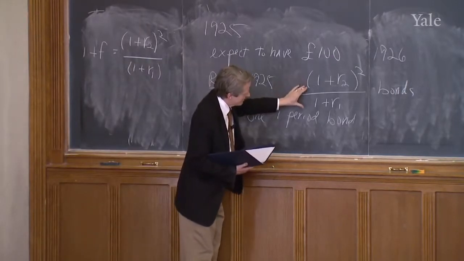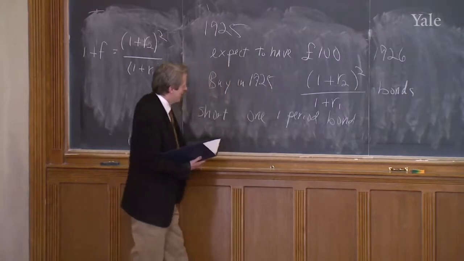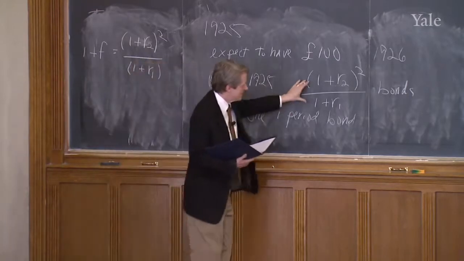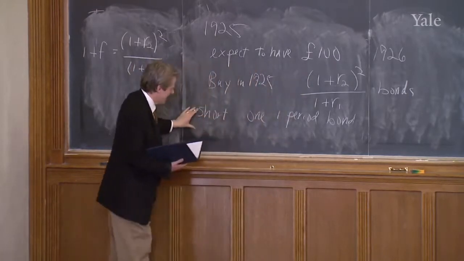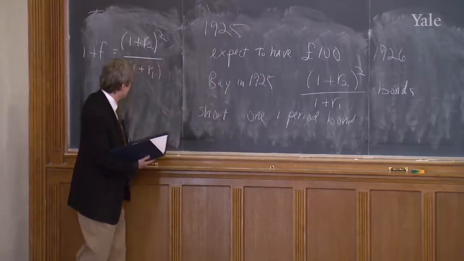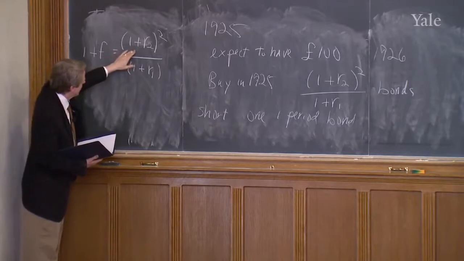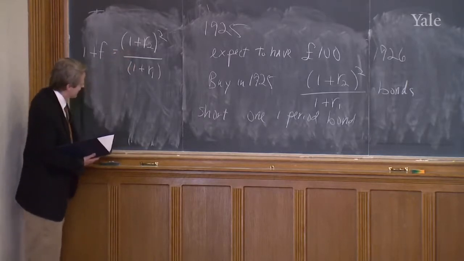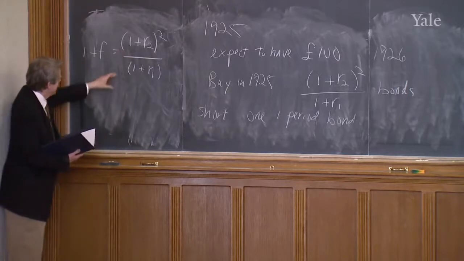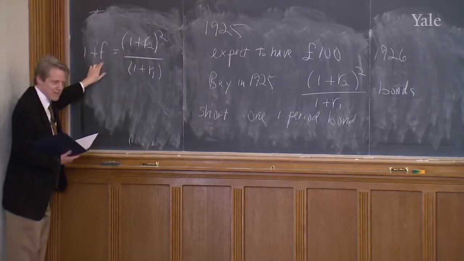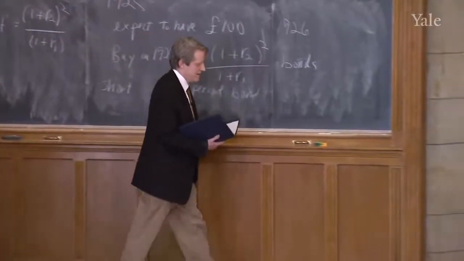I get 100 pounds times this number in 2 periods in 1927. But I put out 100 pounds in 1926. So the ratio of the amount that I got at the end in 27 to the amount that I put in 26 is given by this. So that's 1 plus the interest rate I got on the bond.